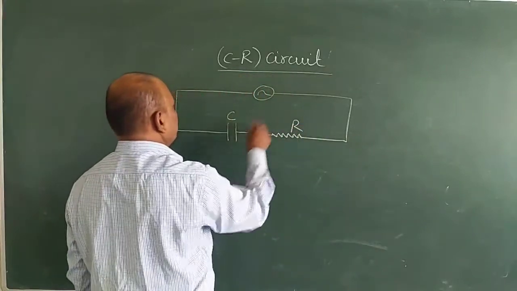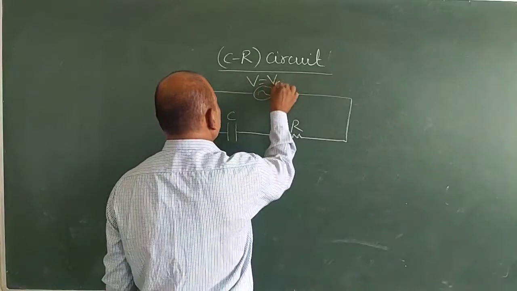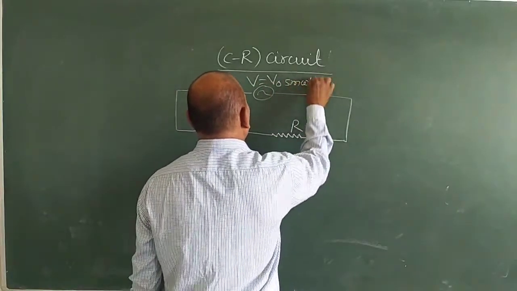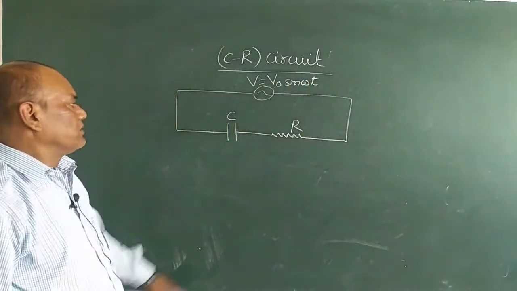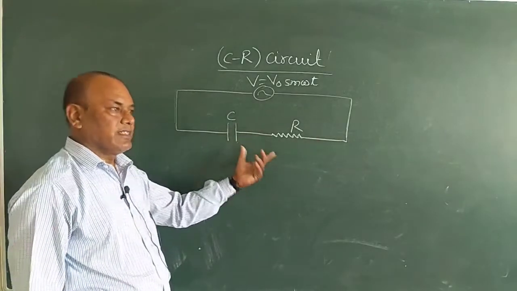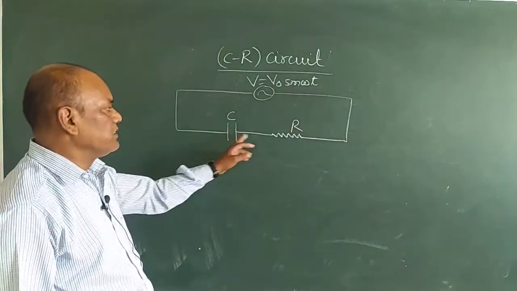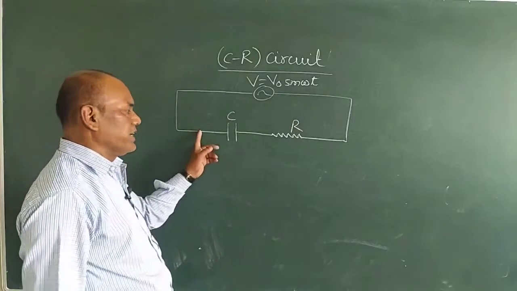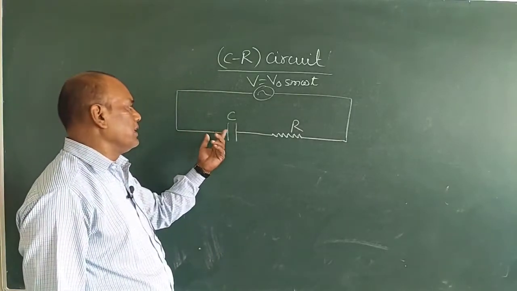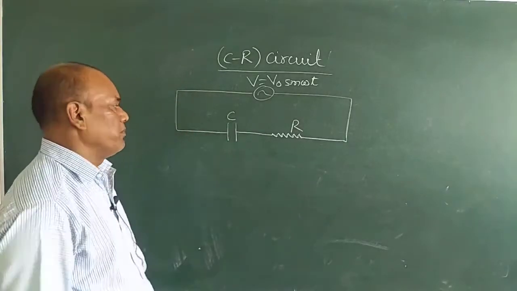R and C, applied voltage V is equal to V0 sin omega t. Since both are connected in series, the current flowing in C and R will be the same.